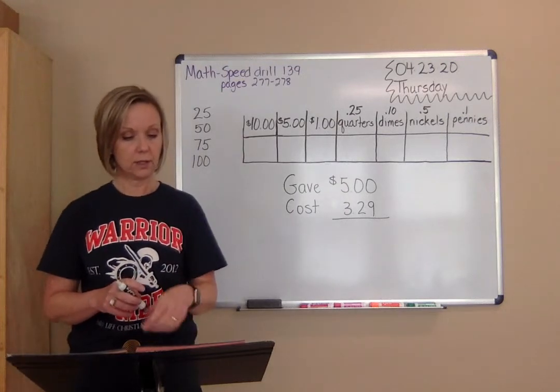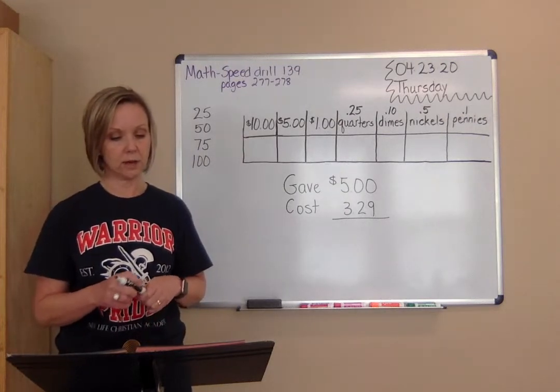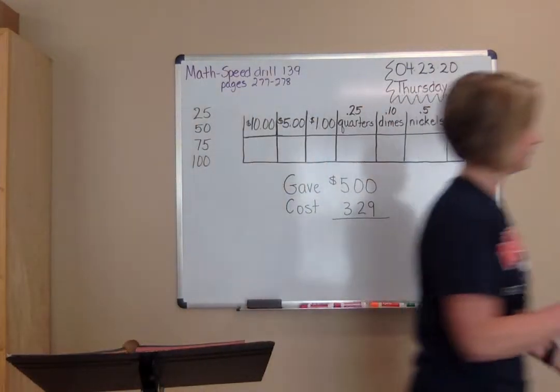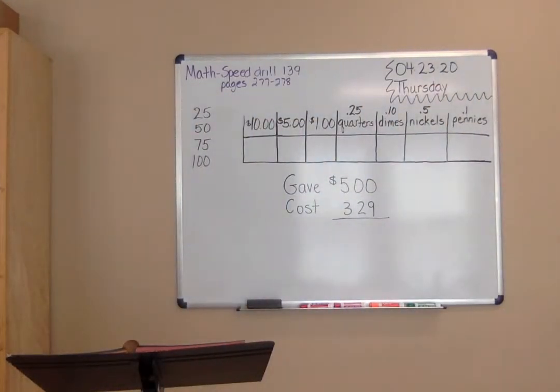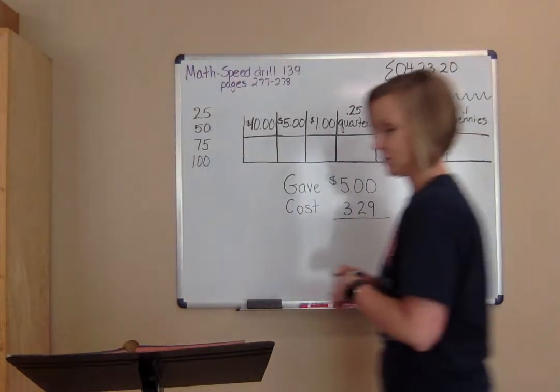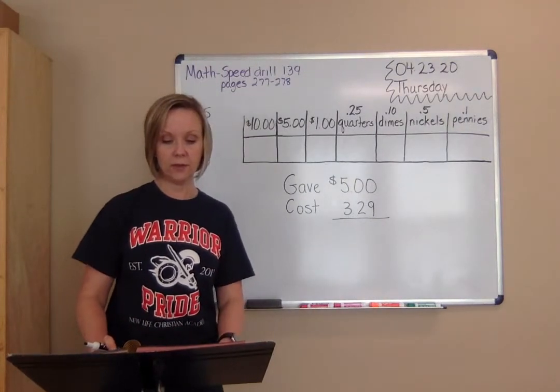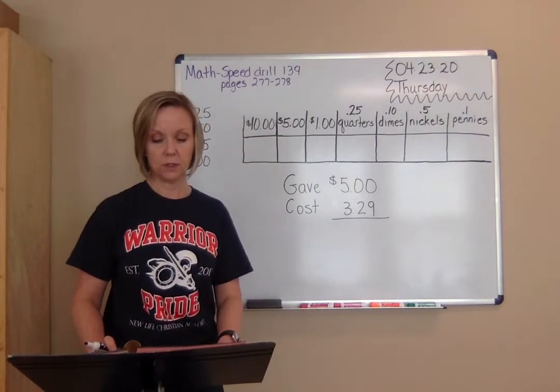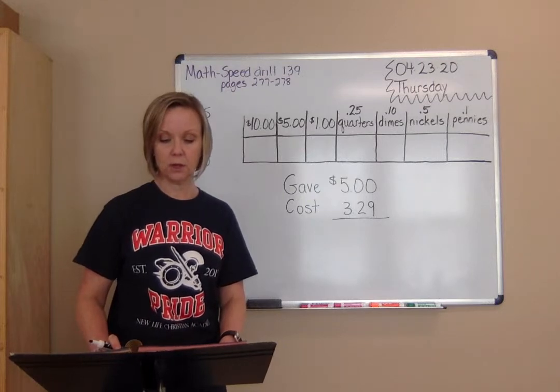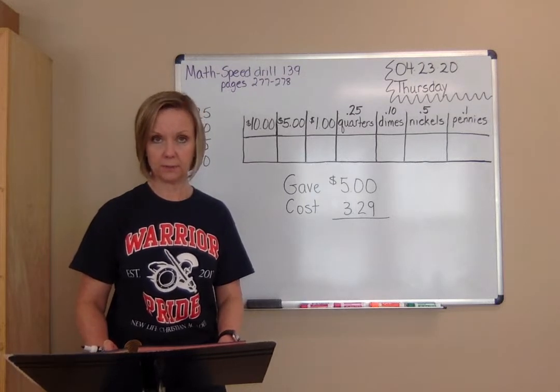So let's look at your box at the top. Okay, sorry about that. Let's look at the box. To find the change, subtract the cost from how much money was given.